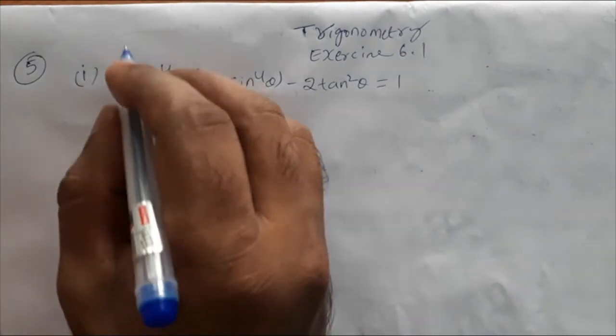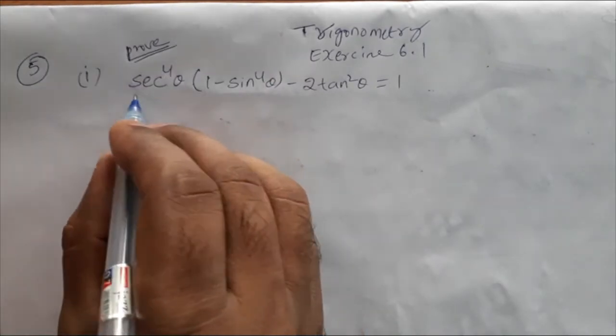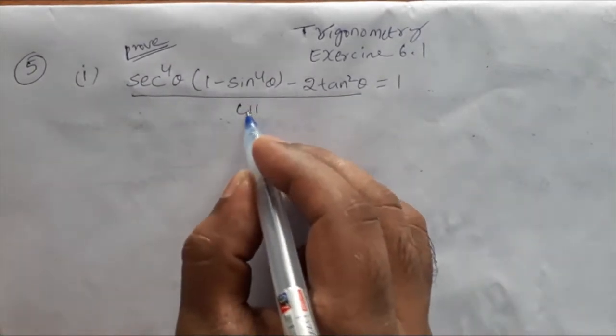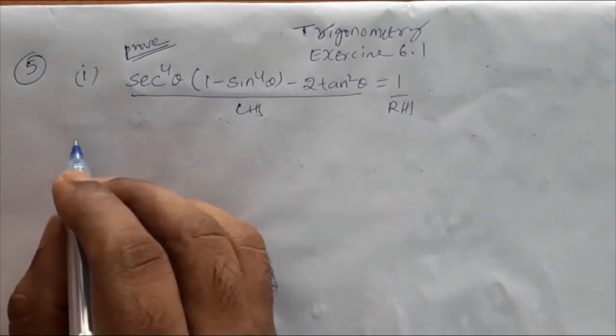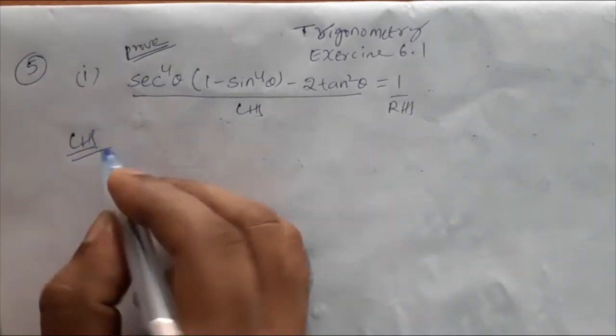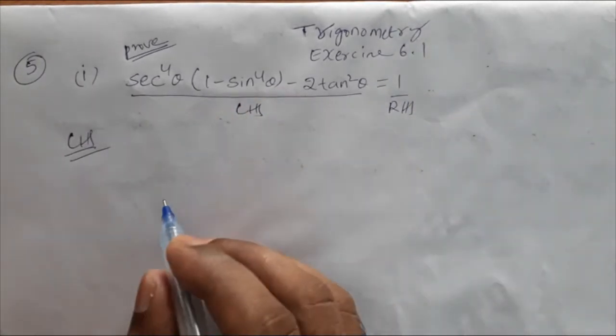This is the problem we have to prove. So we have LHS and RHS. Now take LHS, and if you simplify this, we have to get RHS.